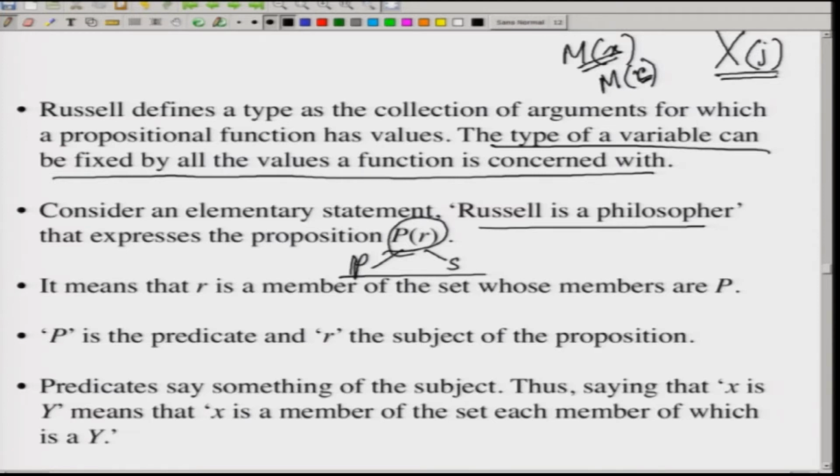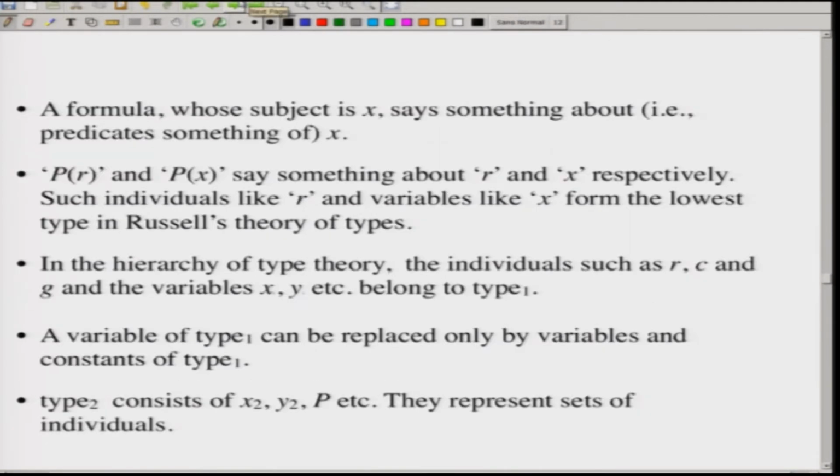Now, as we said that this would be the predicate and this the subject. Predicates say something of the subject. Thus, saying that x is y means that x is a member of the set, each member of which is a y. For example, as we have seen when we say that Russell is a philosopher, we do this.